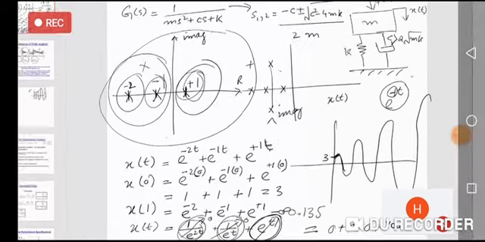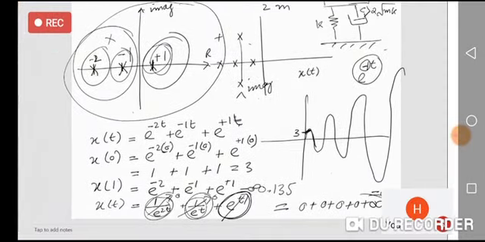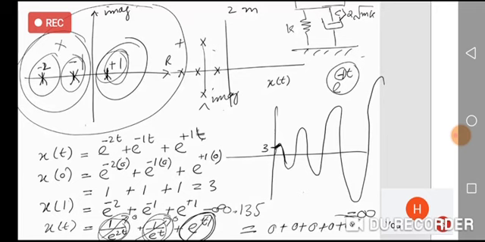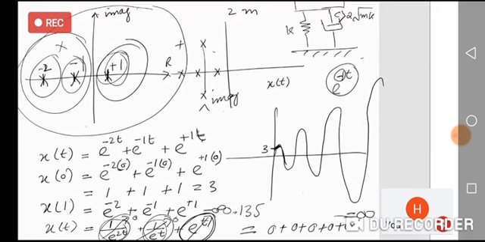And if the system response is unbounded, that means for a bounded input, if the system response approaches infinity as time t approaches infinity, then the system is called an unstable system.